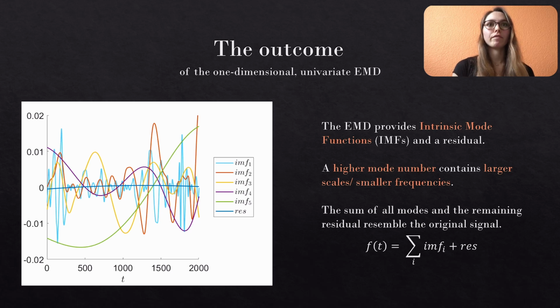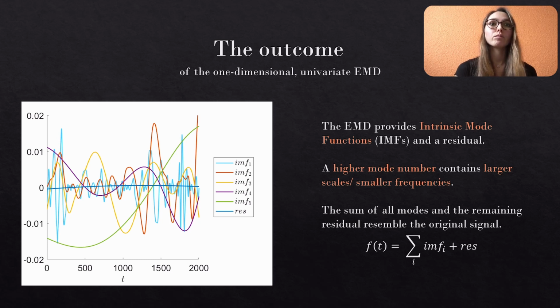The first IMF, which we call IMF subscript 1, is plotted in light blue. It obviously contains the highest frequencies since it fluctuates massively in a short period of time. Considering the next mode, IMF subscript 2, which is shown in orange or red, the fluctuations are very much reduced.